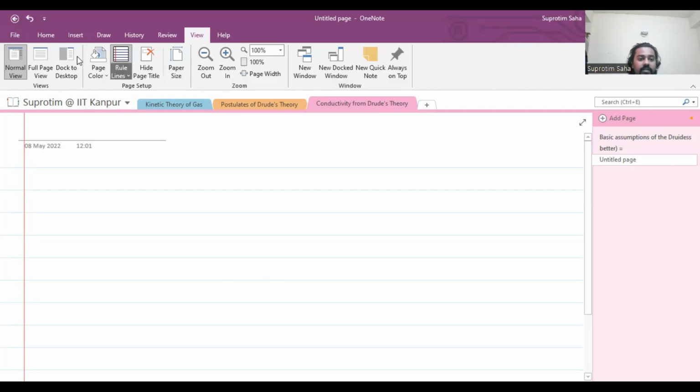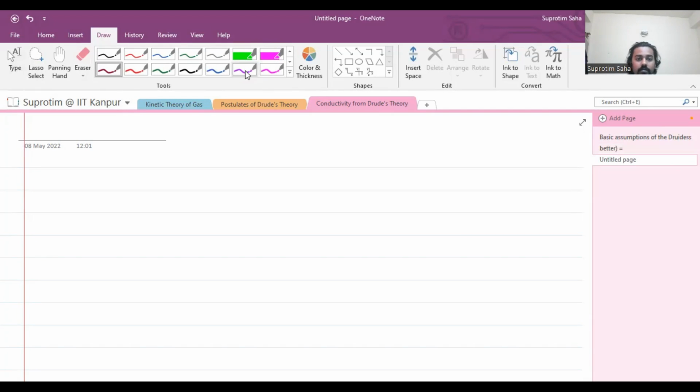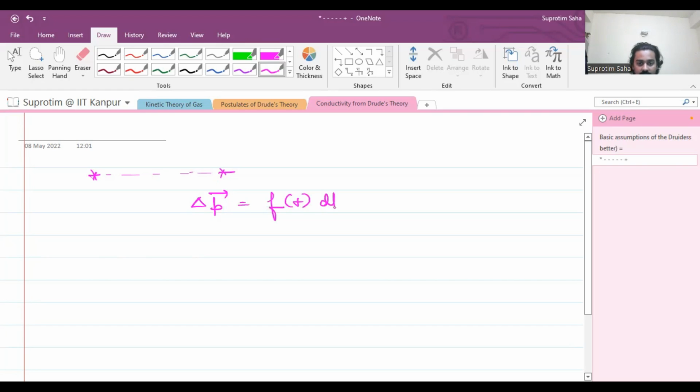So in between these collisions, if the electron gets affected by a force, then the additional momentum it carries will be given by delta P equals F of t dt, simply because this comes from Newton's law: the rate of change of momentum is equal to the force.